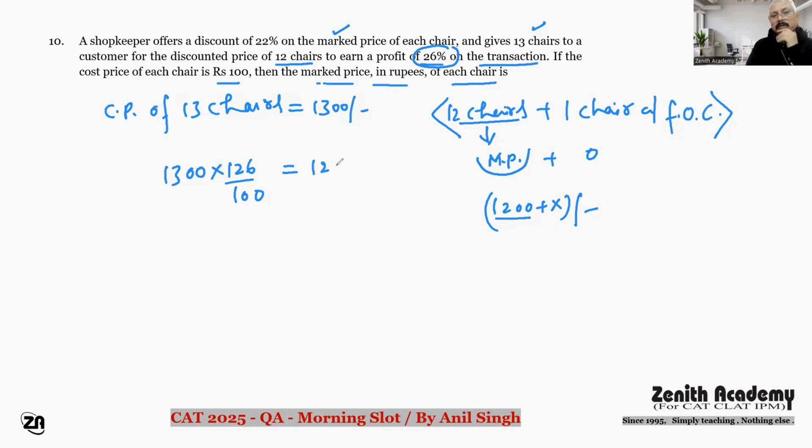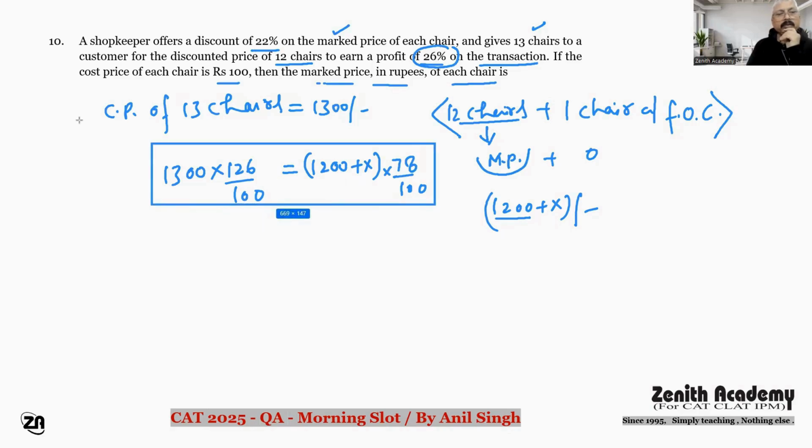On this 1200 plus X mark price, he is offering a discount of 22%. It means 100 minus 22, which is 78%. This is a simple equation, and the question is finished.